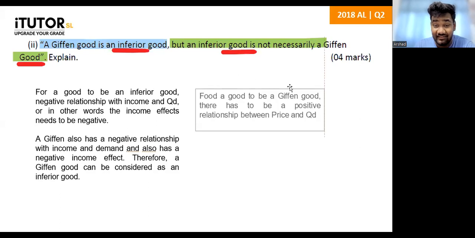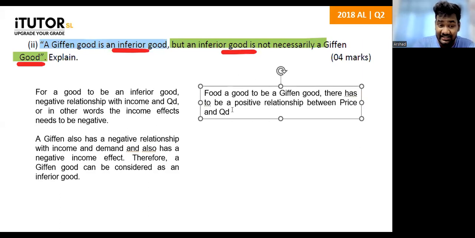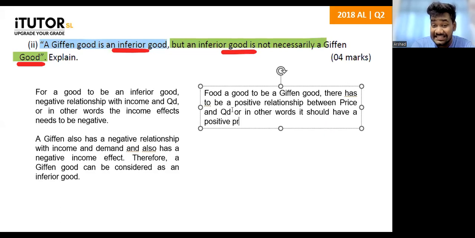In other words, it should have a positive price effect. I'm hoping you all would have watched that video, guys.